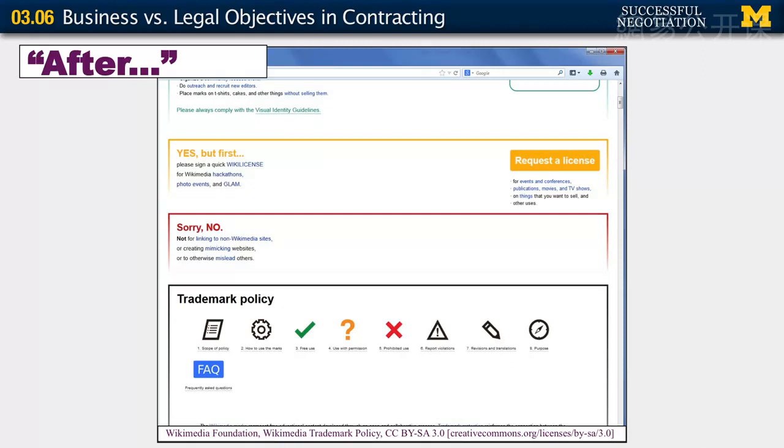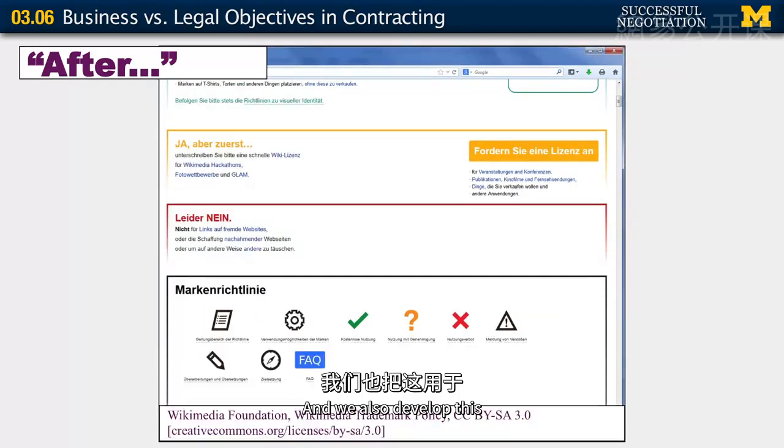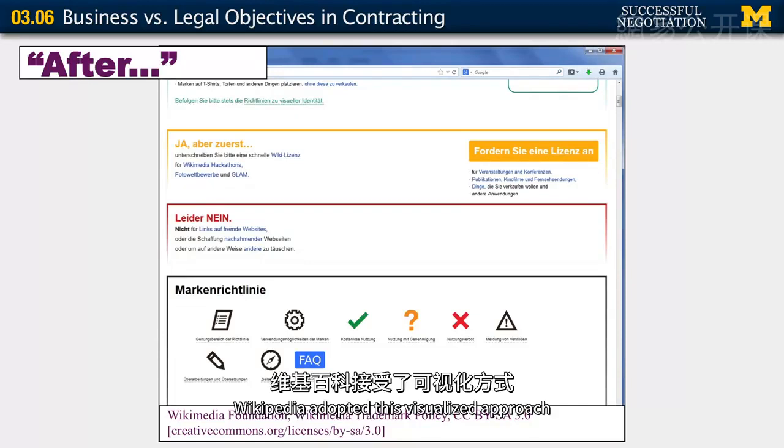And so it simplifies your use of the trademark policy. It's very clear what you can do, what you can't do, and where permission is required. And we also developed this in a variety of languages, and in early 2014, Wikipedia adopted this visualized approach as their trademark policy.